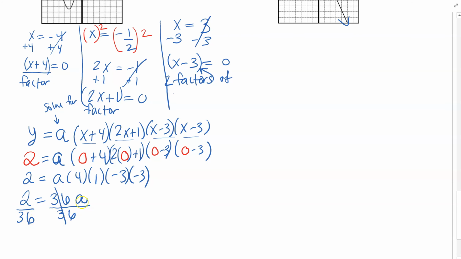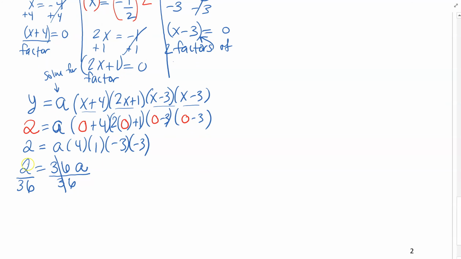So I'm going to divide both sides of this equation by 36. 2 divides evenly into 36 18 times. So my a value is a tiny fraction, 1 over 18. So that tells me my graph must have had a vertical shrink. In order to have such a small a value, that's what must have been the case with my equation.